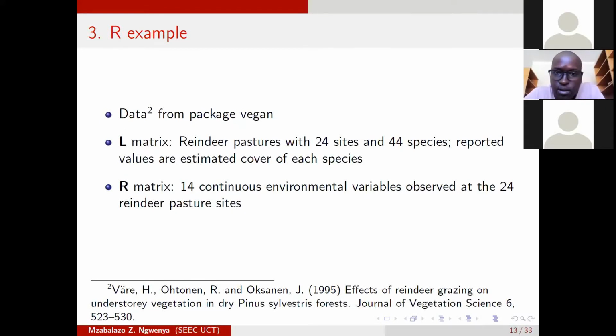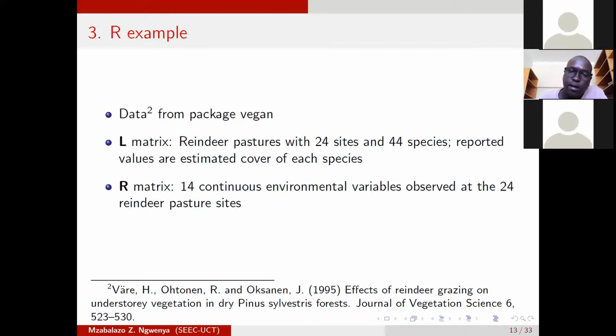Our R matrix, the matrix of environmental variables, contains 14 continuous environmental variables observed at our sample sites. Your R matrix doesn't necessarily have to be strictly made up of continuous environmental variables.